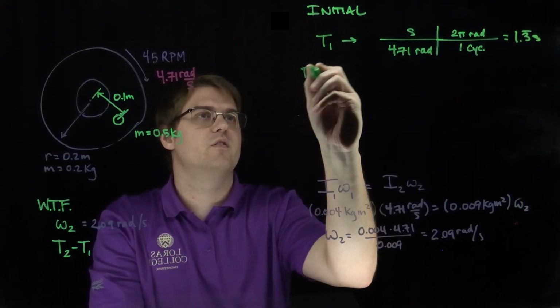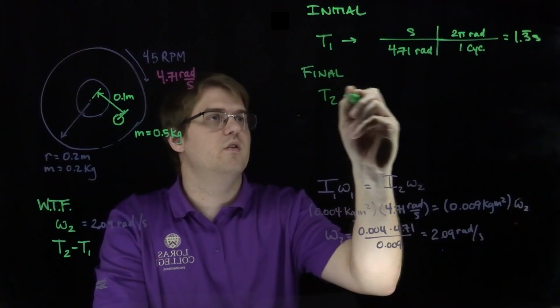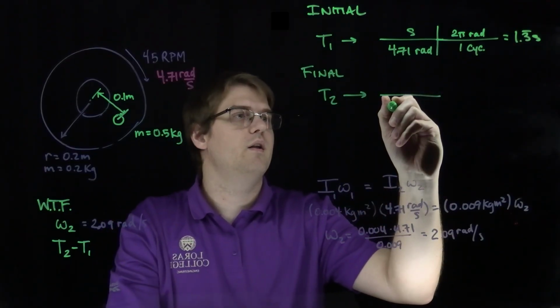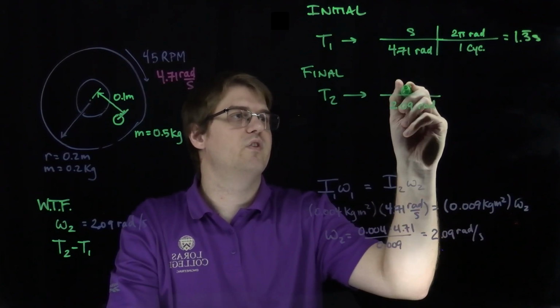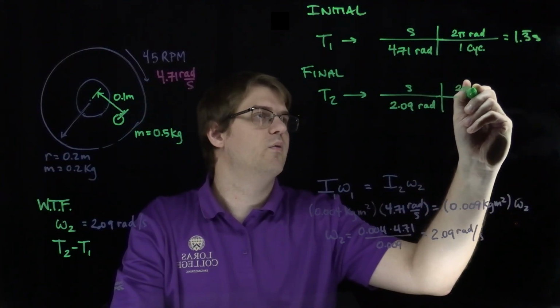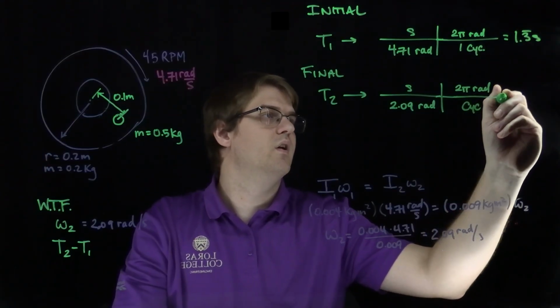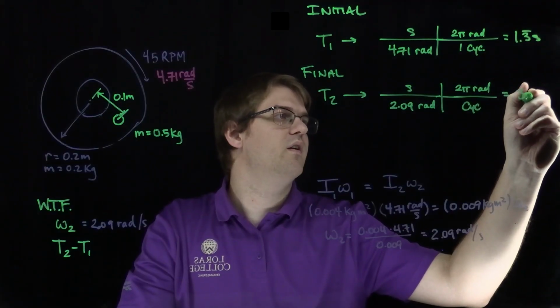And in my final state, it's the same thing, T2. I'm going to write my 2.09 upside down now, 2.09 radians per second. I've got 2 pi radians per cycle. That comes out to 3 seconds.